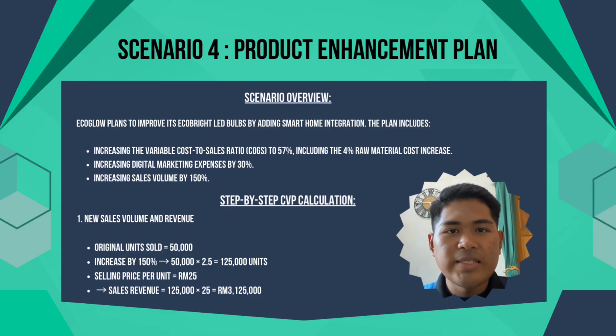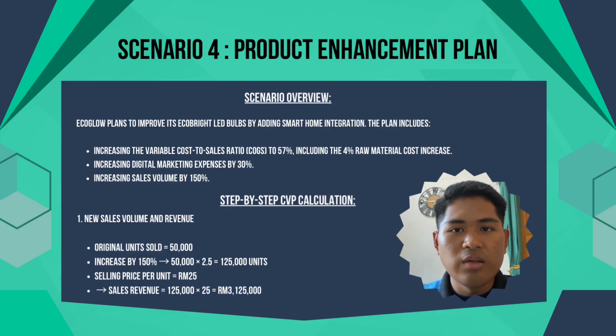So, step by step CVP calculation. First, new sales volume and revenue. Original units sold is 50,000, increased by 150%, equal to 50,000 units times 2.5 equals 125,000 units.